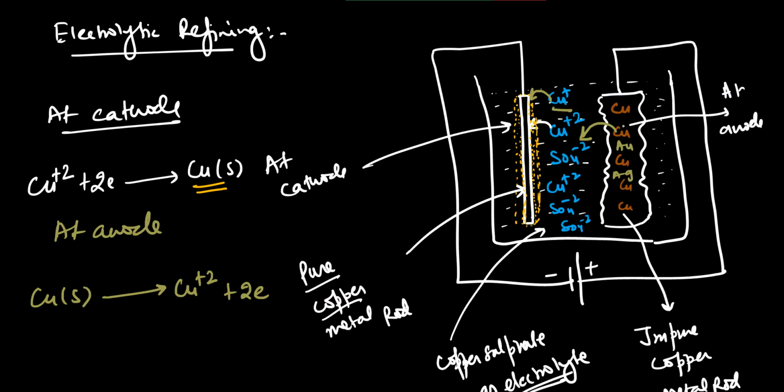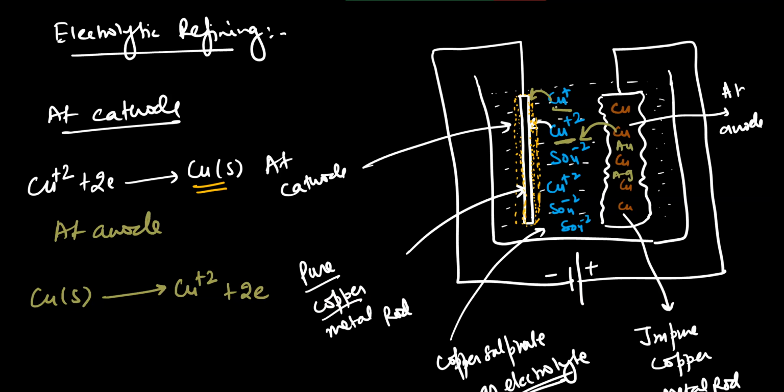So if 1 copper ion Cu2+ from the copper sulfate solution converts into a copper atom and deposits on this rod, an equal amount of copper atoms convert into copper ions. So this process remains continued. Got it?